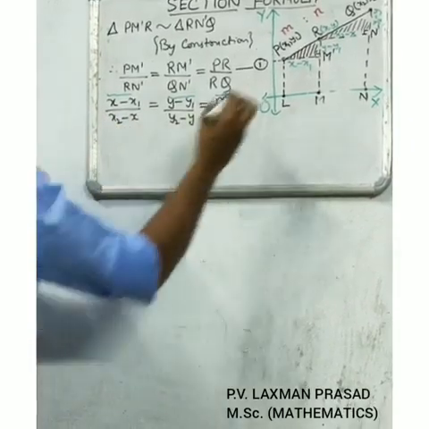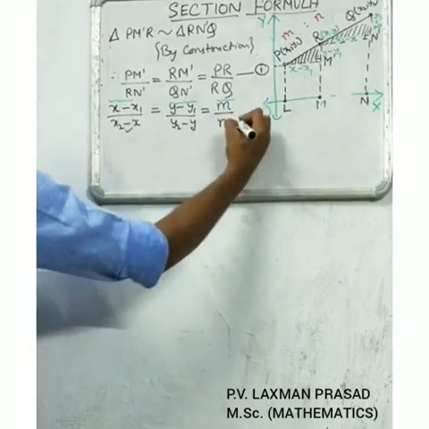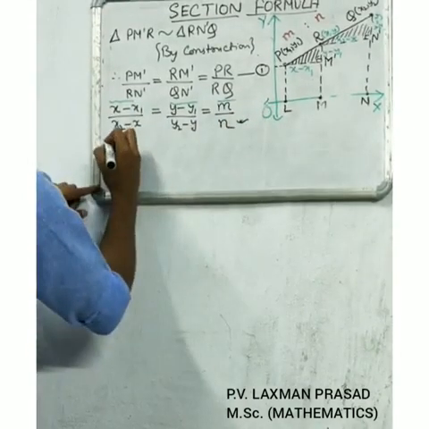In order to find the x coordinate of the point R, we will take the first and the third part.